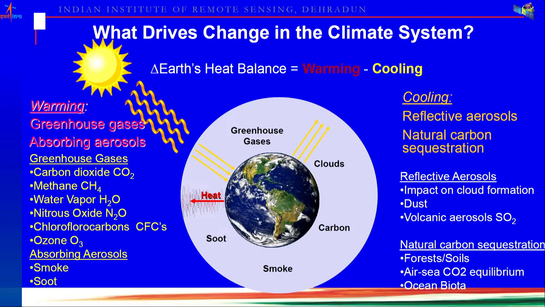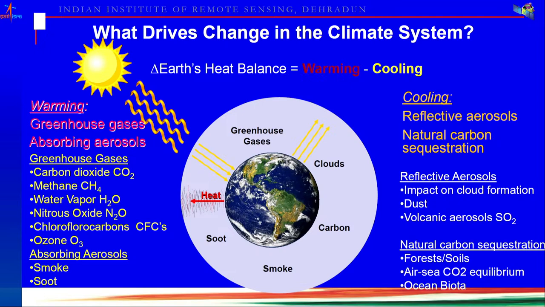Inside the atmosphere there are clouds, soot, and certain concentrations of smoke. All these act as warming aerosols. They trap energy and re-radiate it back to the earth's surface, which leads to the warming of the earth's surface.